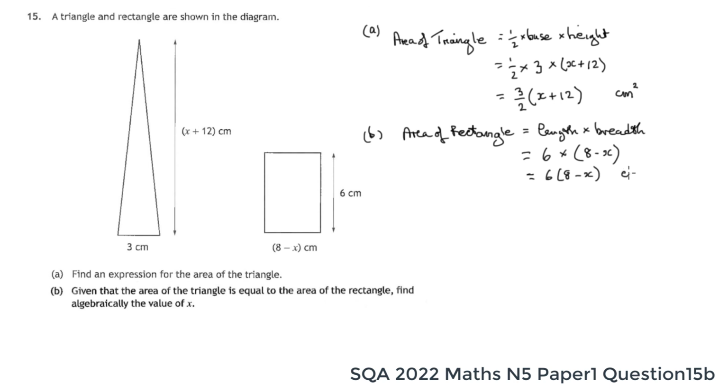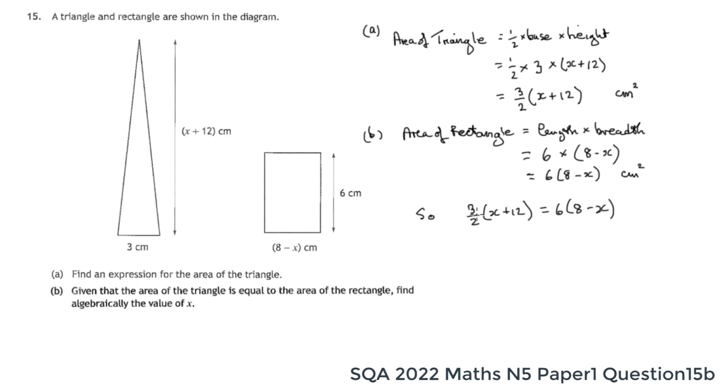And again, square centimetres. Now we're told these two areas are equal. So we know that 3 over 2 times x plus 12 is equal to 6 lots of 8 minus x. These two values must be the same.